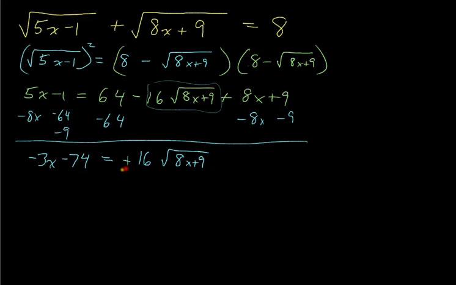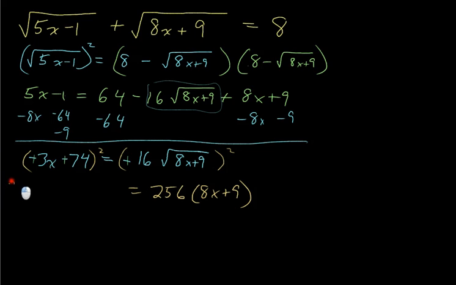But we can at least multiply everything by negative 1, so those all turn positive. Again, we're going to square both sides. This side, 16 squared is 256, times the root squared, which is just 8x plus 9. This side we do FOIL again.